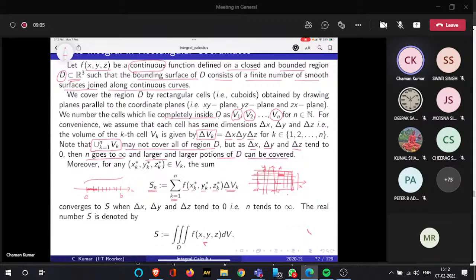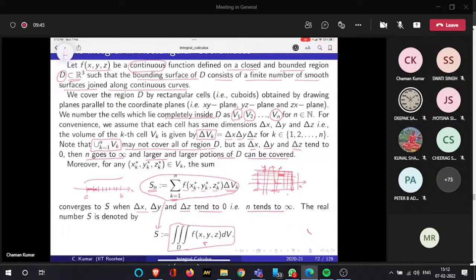And then when n goes to infinity, which means delta x, delta y, delta z go to 0, which essentially means refining the partition, this Riemann sum will converge to some number S, and this number is denoted by the triple integral over the domain D of the function f.